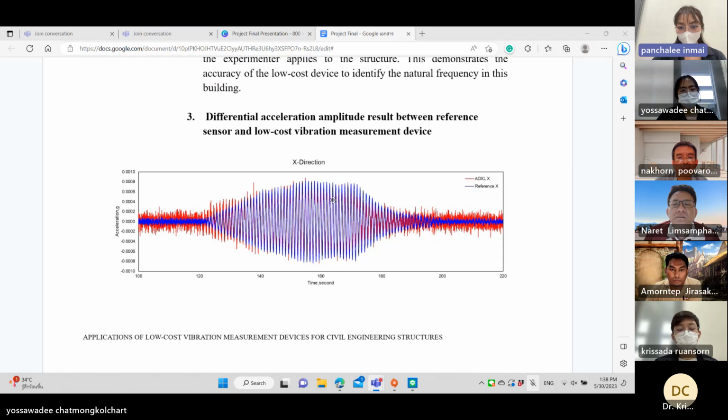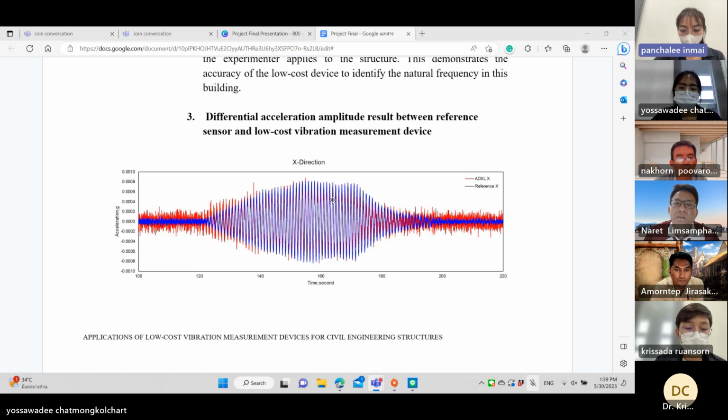This shows how much the noises interfere with the overall result. As you can see, the red is from our low-cost sensor, and the blue one is from our reference sensor. At the beginning and at the end, before the induced vibration, which represents detection in a low vibration environment, you can really see the contrast between the values picked up by the two devices.